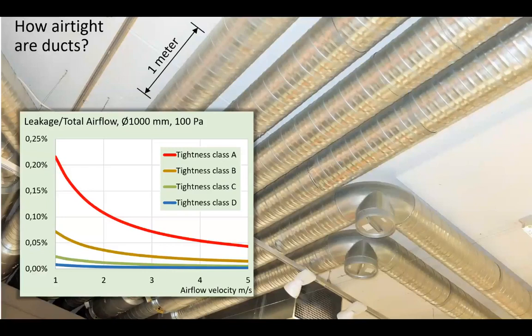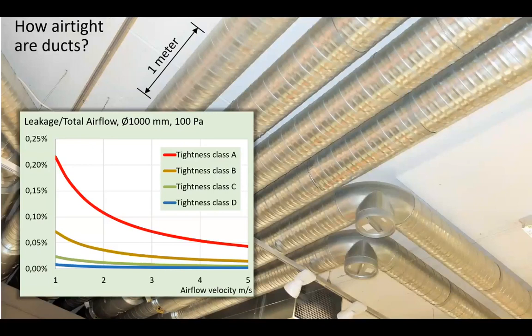On this graph, you can see the different tightness classes, and also on the y-axis, the leakage as a portion of the total airflow in a duct, actually for 1 meter of duct. So this first example is for a large circular duct.